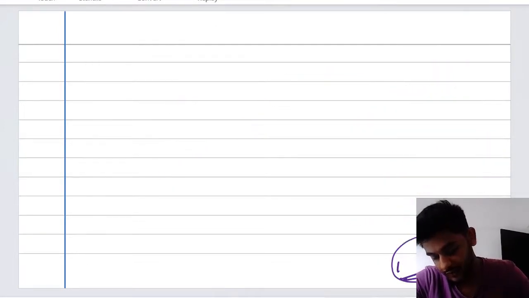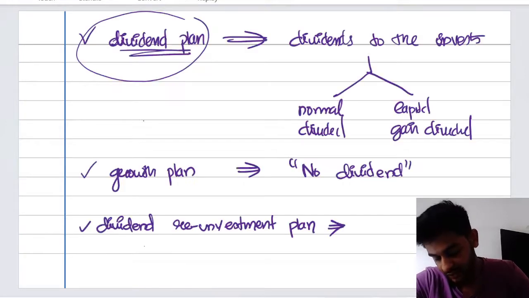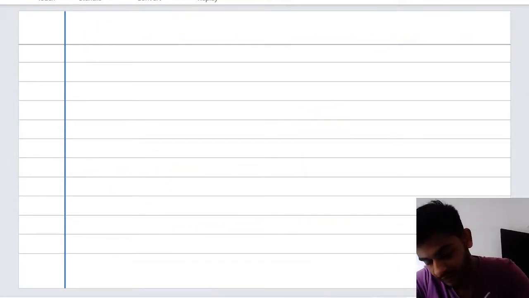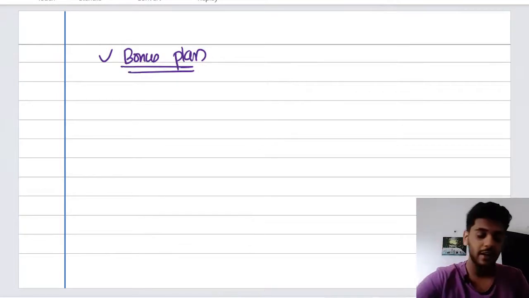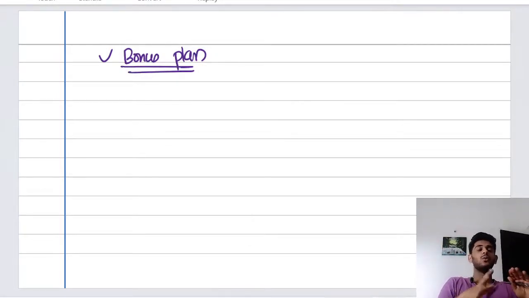Now one more plan, and it will put an end to this lecture. Our last plan is the bonus plan. In this plan also there is no dividend, and no concept of reinvestment. Rather, this plan will give the investor a certain number of units at a particular point of time.